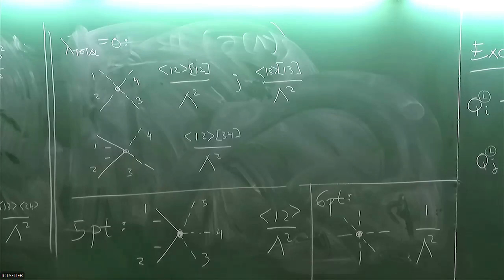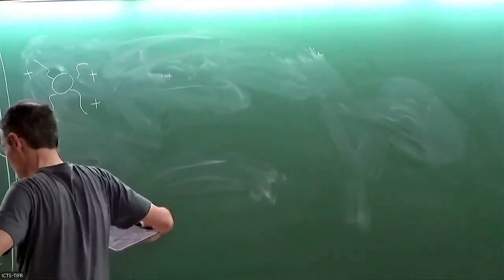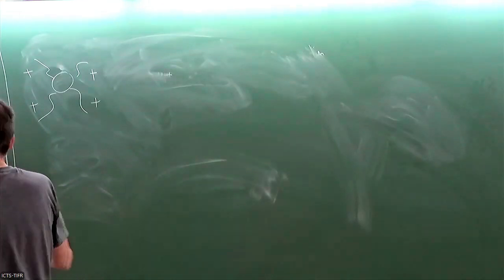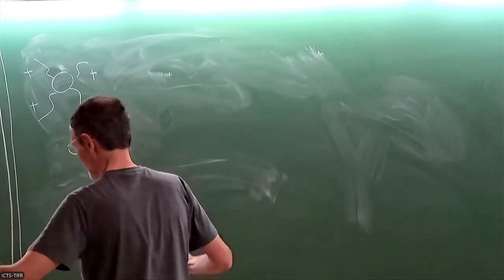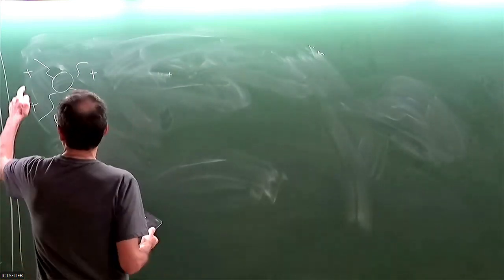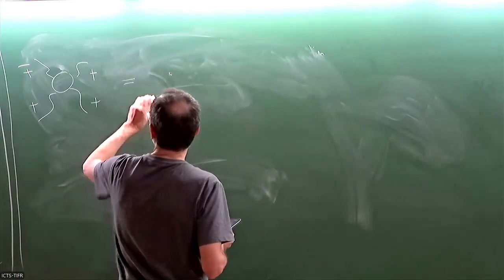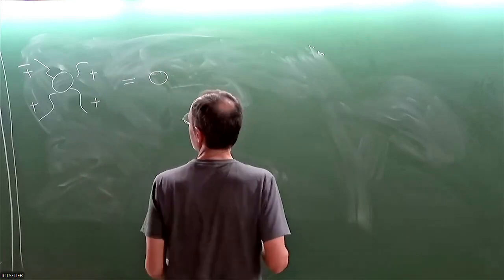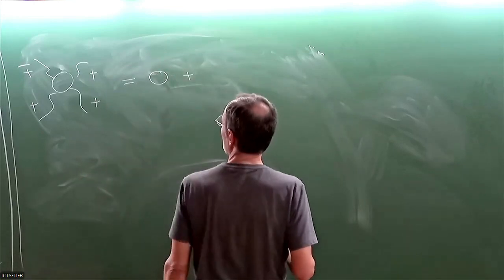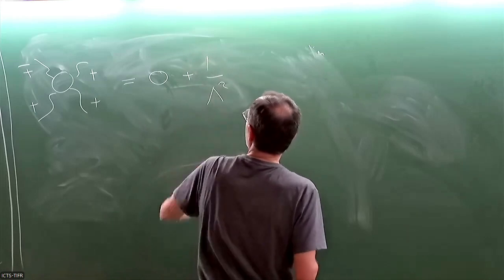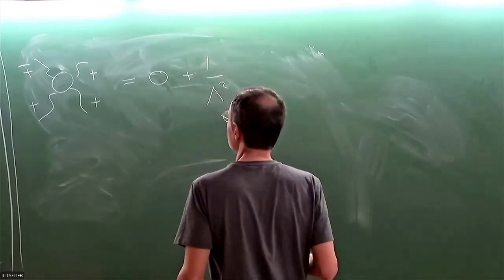So if I could select this process in a scattering at the LHC, plus helicities, it would tell me it's not possible, but in future colliders it will be important. You have polarization, or you could have plus minus here. I know in the standard model this is 0 at tree level, so it will only come from higher dimension operators.